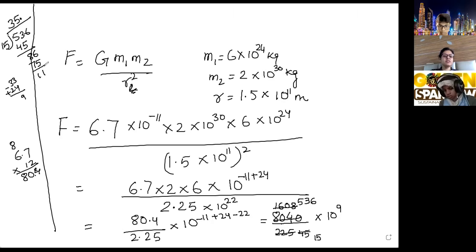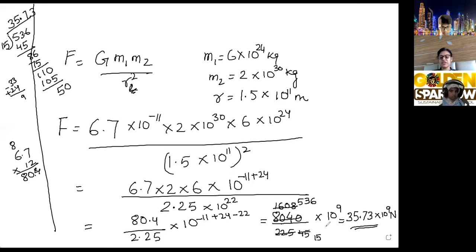A decimal? 0. 35.73 आया. So the answer over here is 35.73 into 10 raised to 9 Newton. Okay. So this is the answer after calculation.